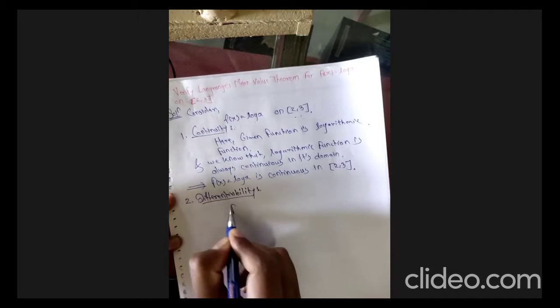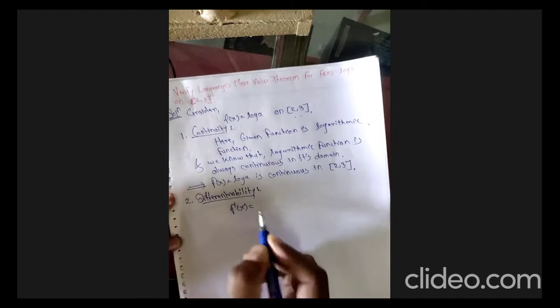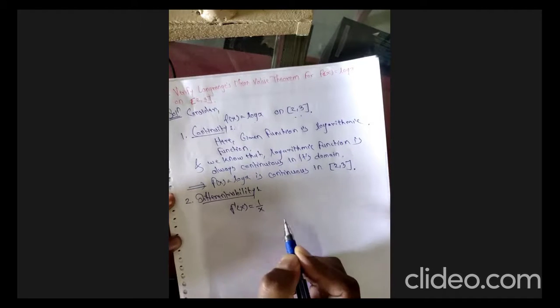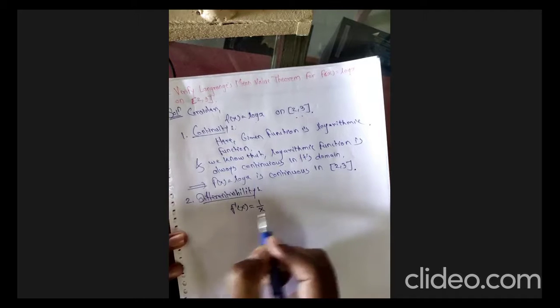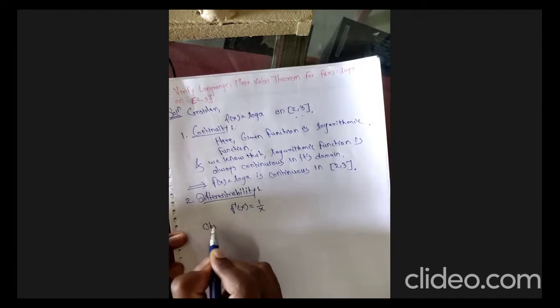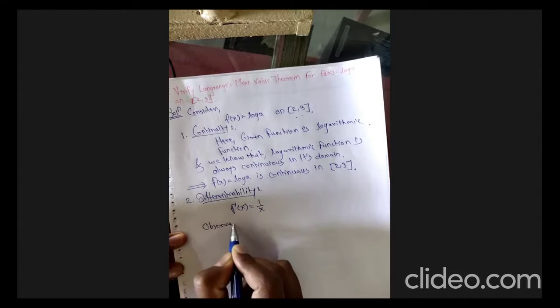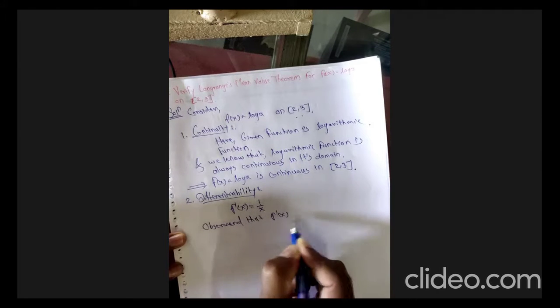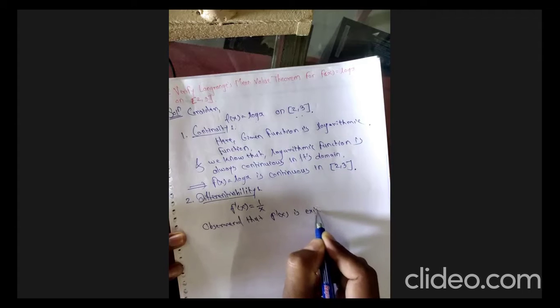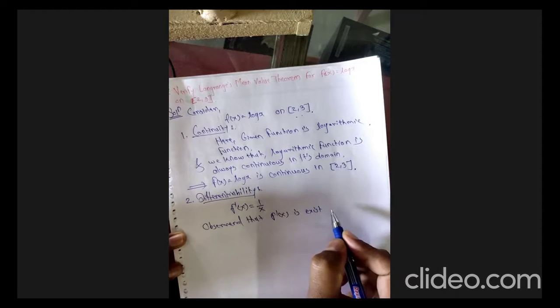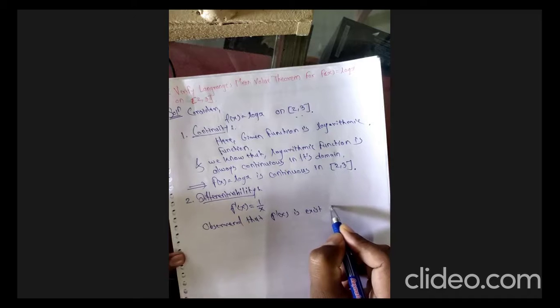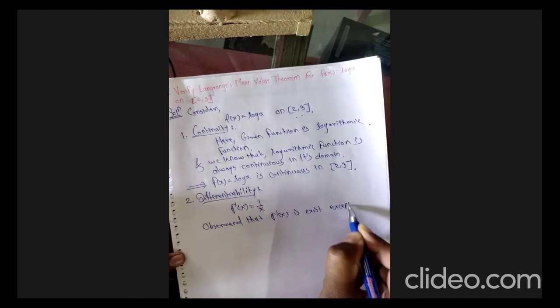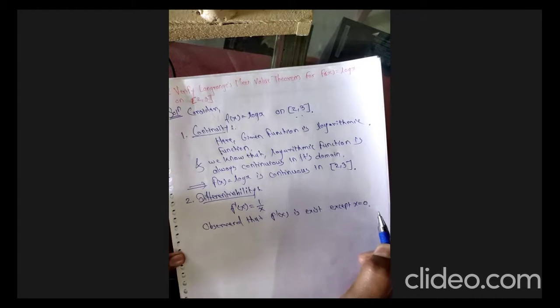To check the differentiability, we find the derivative of the function, which is 1 upon x, right? And observe that f'(x) exists except at x equal to 0.